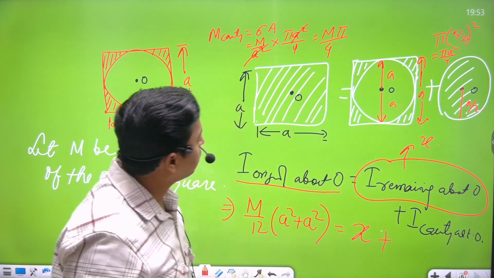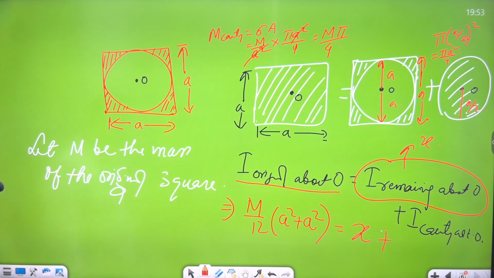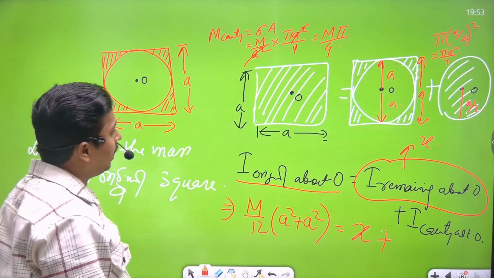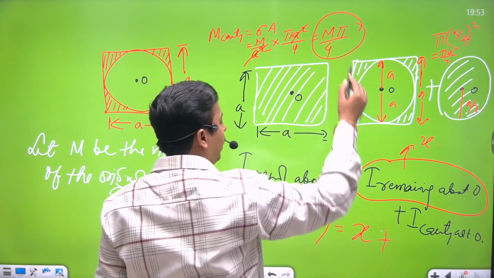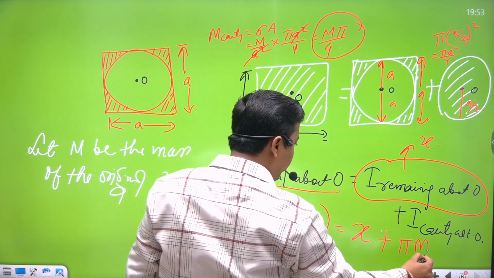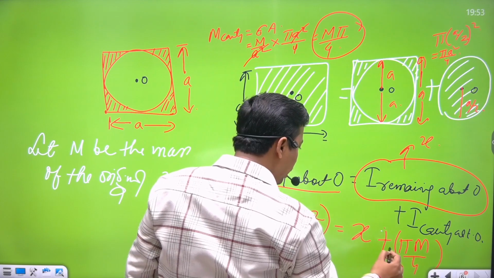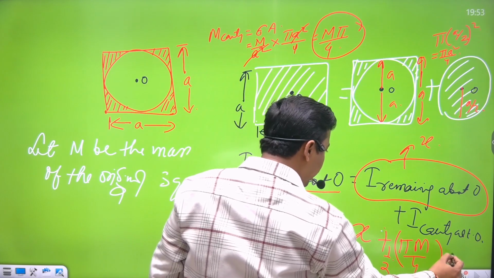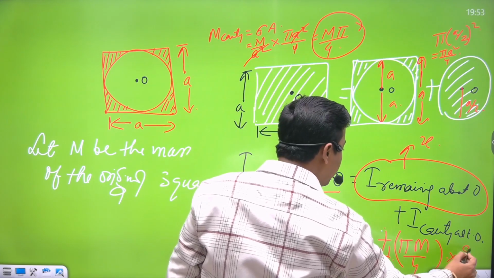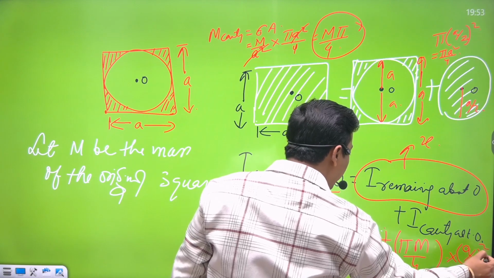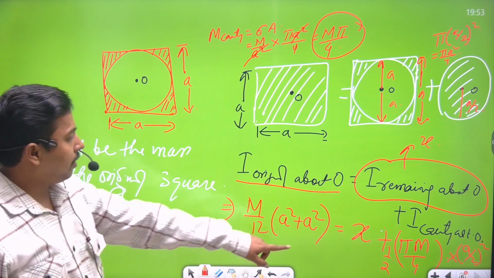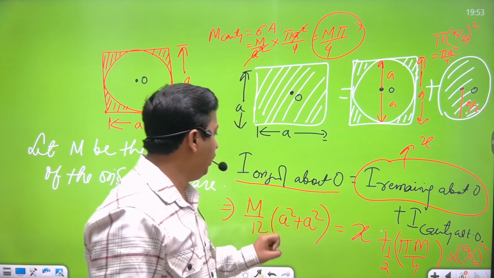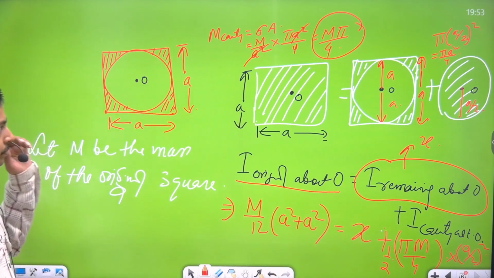Accordingly, you can find the mass of the cavity as pi m by 4, so half times pi m by 4 into a by 2 whole square. Now you can subtract this from the whole thing and you get the answer.